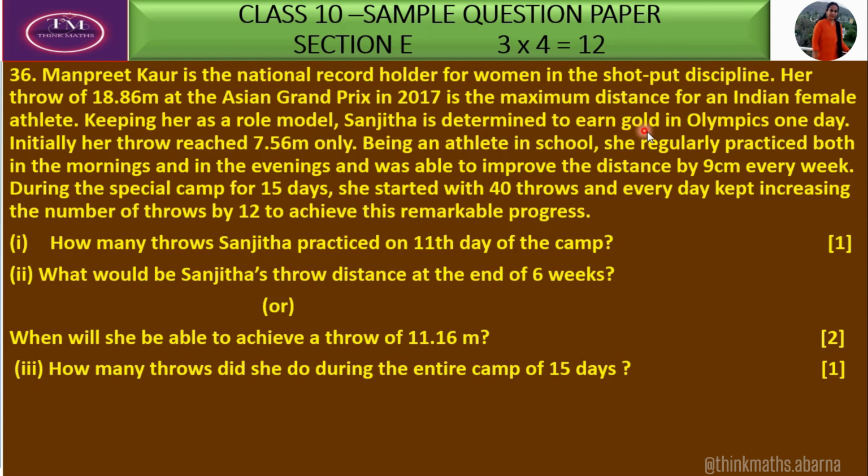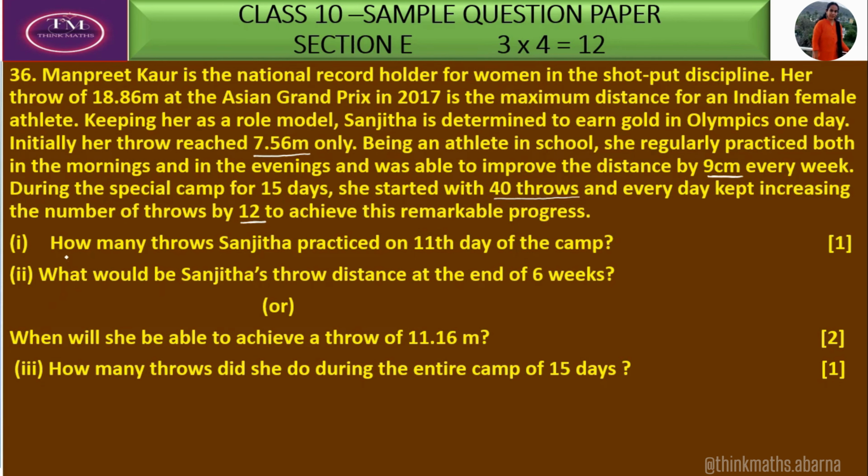She is determined to earn gold in Olympics one day. Initially her throw is 7.56 meters. She regularly practiced and was able to improve the distance by 9 centimeters every week. During the special camp for 15 days, she started with 40 throws, and every day kept increasing the number of throws by 12. So these are the data we need.